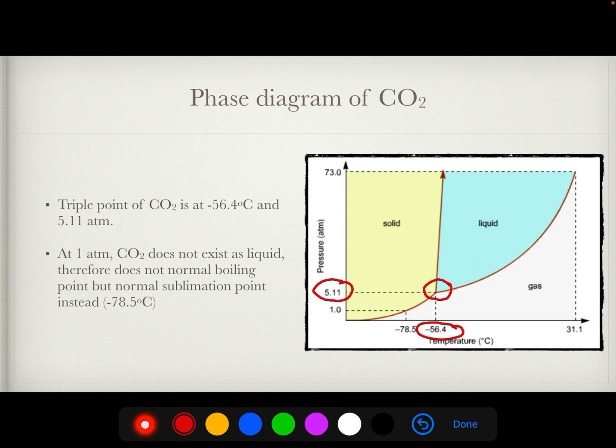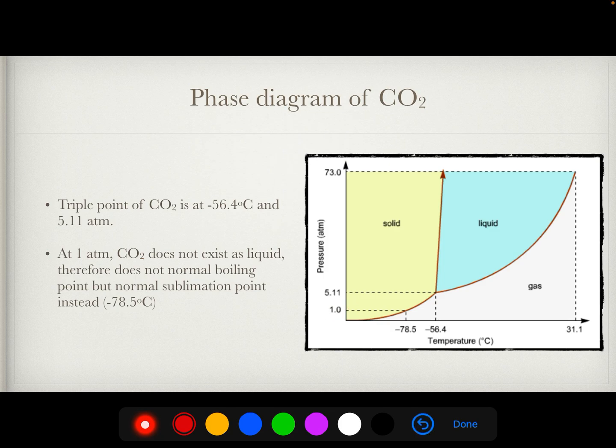If we look at the graph, at 1 atm, which is normal atmospheric pressure, there is no liquid region. If you look at the line across 1 atm pressure, you can only see solid and gas states, there is no liquid state at 1 atm pressure.